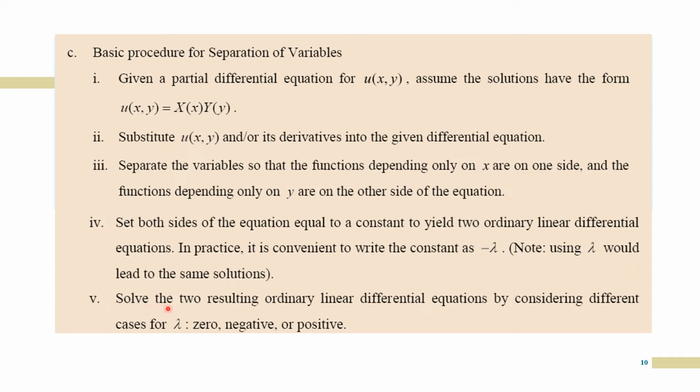Solve the two resulting ordinary linear differential equations by considering different cases for lambda. That means we should consider the case when lambda is equal to 0, when lambda is negative, and when lambda is positive. Okay, so these are the steps in order for us to apply the method of separation of variables to solve a given linear PDE.